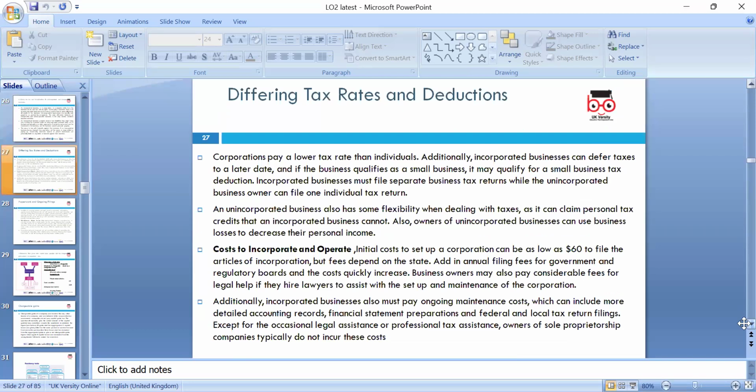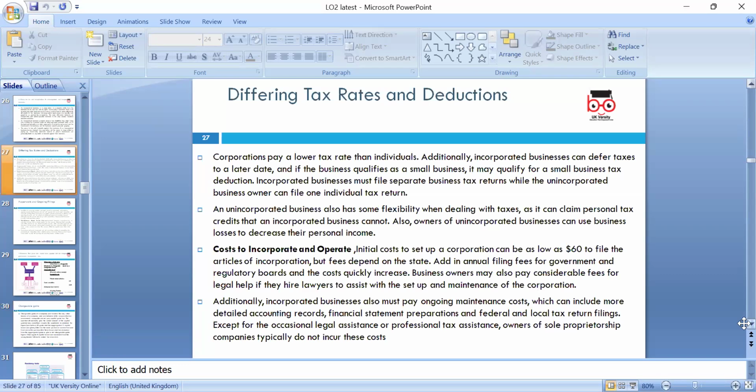Of course, under a company we have limited liability. On tax, the corporation may have a lower tax rate than an individual, and incorporation can defer taxes to a later date. If the business qualifies as a small business, it may qualify for the small business tax deduction.